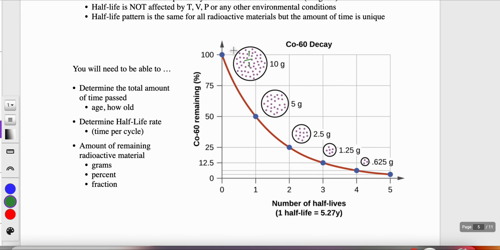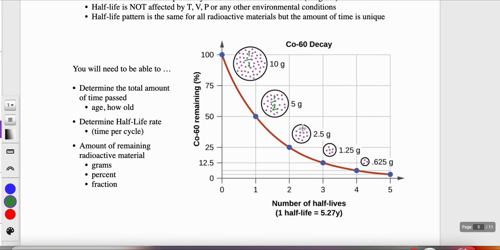When you go from cycle 0 to the end of the first cycle, take a look at the mass. The mass has dropped by 50%. So now only half of the sample remains radioactive. And then as you pass from cycle 1 to cycle 2, the mass is cut in half again.